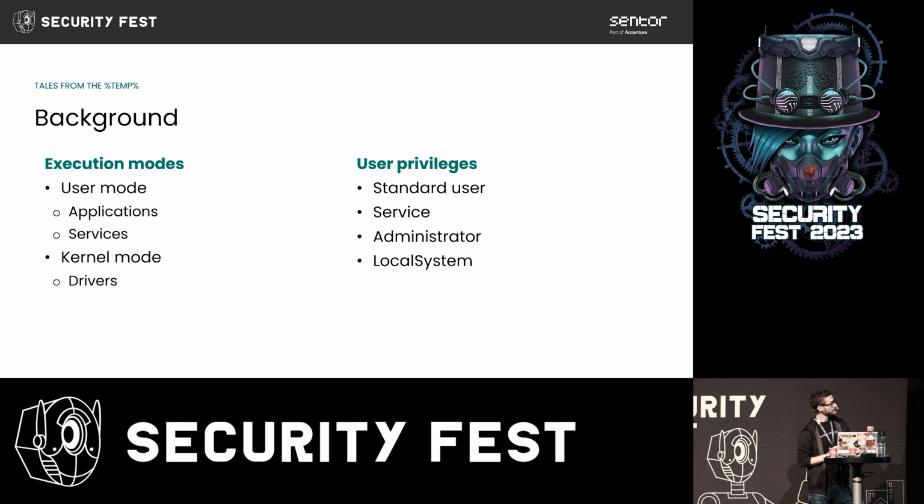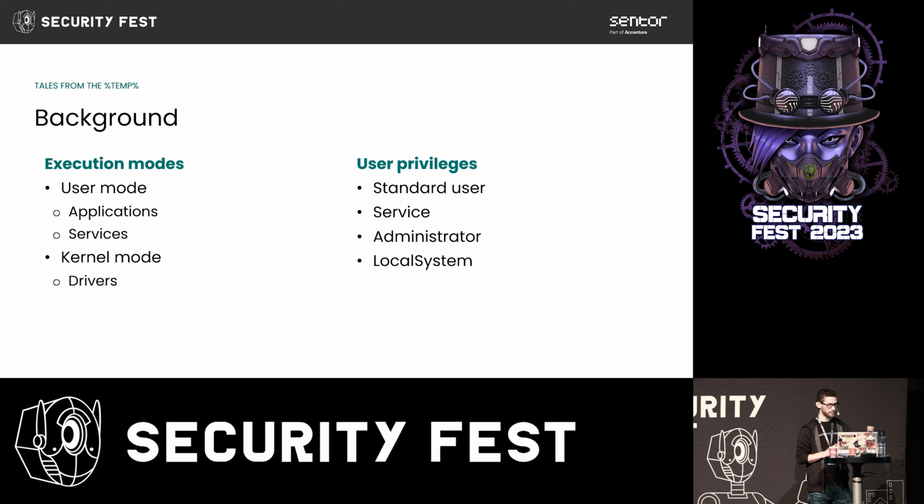If you're in user mode, you're either an application started by a standard user or a service. Services can run with different privileges. You can be an unprivileged service and a privileged service. The different kinds of user privileges are: you can be a standard user, you can be a service, you can be an admin, or you can be local system, which is the equivalent of root in Linux.